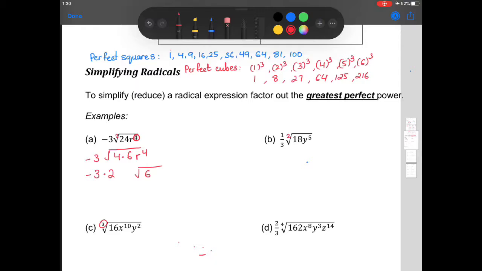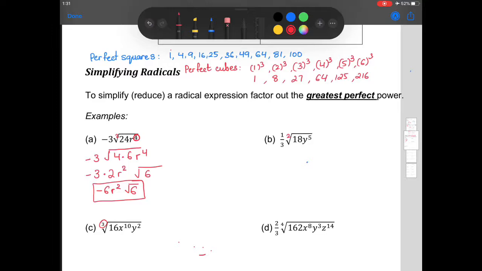And r to the 4th, square root of r to the 4th, you're dividing your power by the index. So 4 divided by 2 is 2. So this would be -6 r squared square root of 6. And that is your final answer. Okay? So I would say pause the video and try B because it's very similar to A.